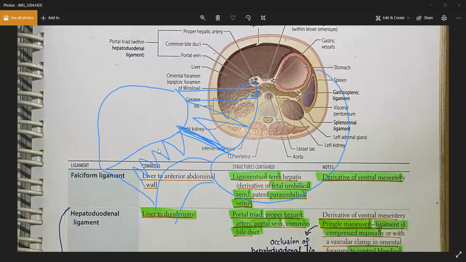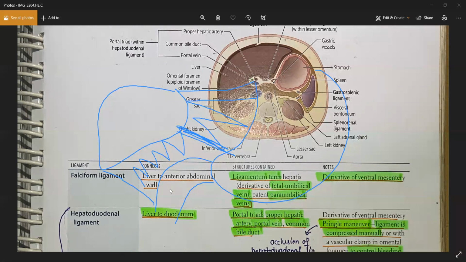For the portal triad, you have the portal vein, the hepatic artery, and one more structure, the bile duct. Exactly. So all of these three structures, the common bile duct, the portal vein, and the proper hepatic artery, are all contained in the hepatoduodenal ligament.